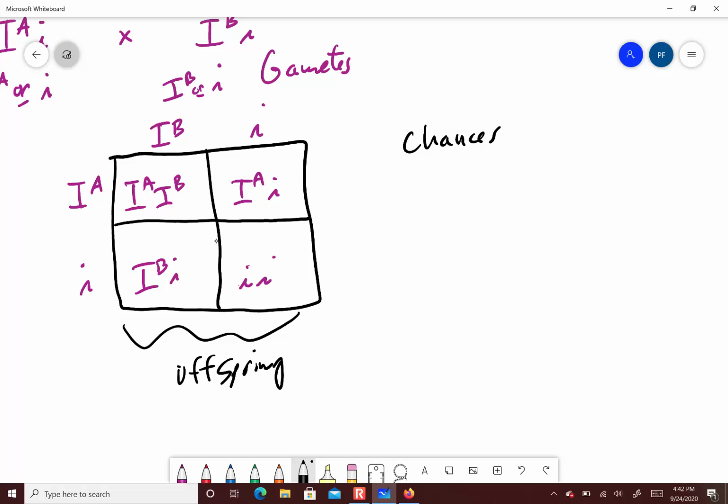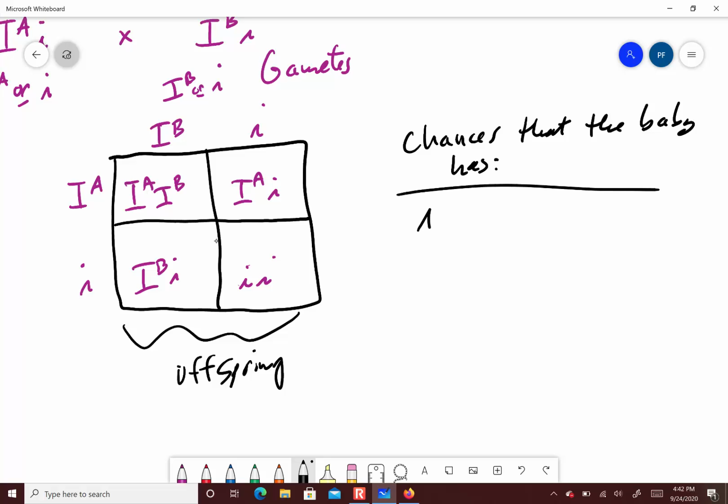So what we want to know are the chances that the baby has the 4 blood types: type A, type B, type AB, type O. And I would do these as percentages. I know we've done everything as fractions so far, but I would just do them as percentages.